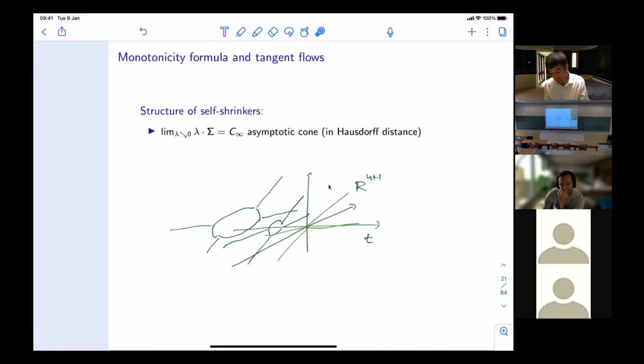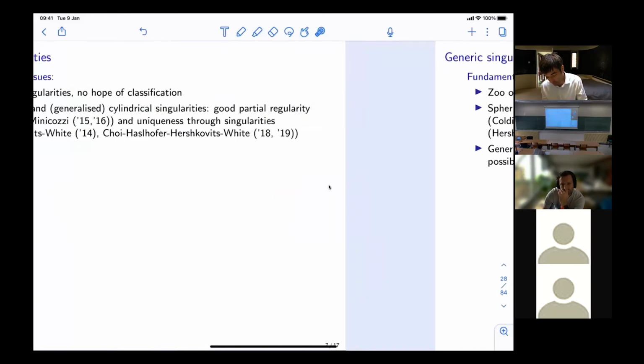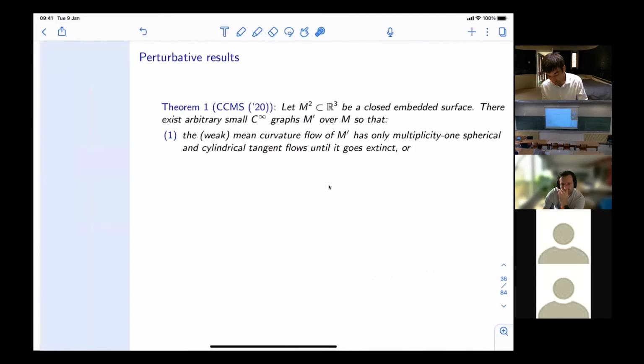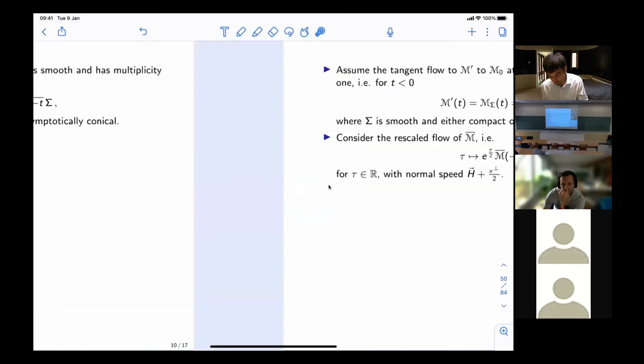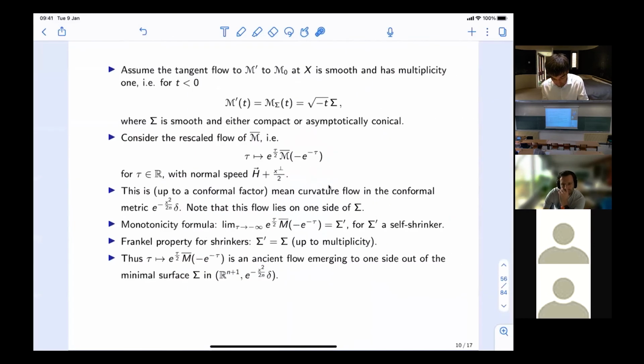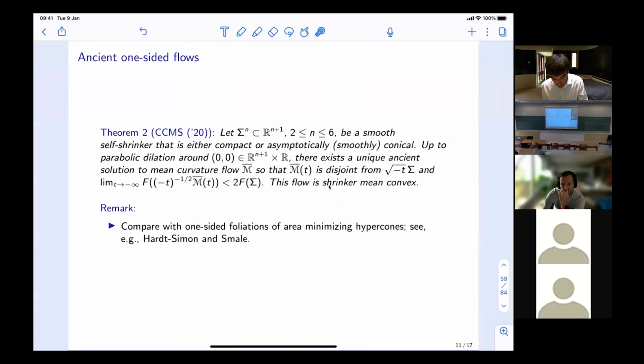For people who know minimal hypersurfaces more, there's, for example, work of Hardt and Simon and Smale, where you have area minimizing hypersurfaces in R8, which can have isolated singularities.